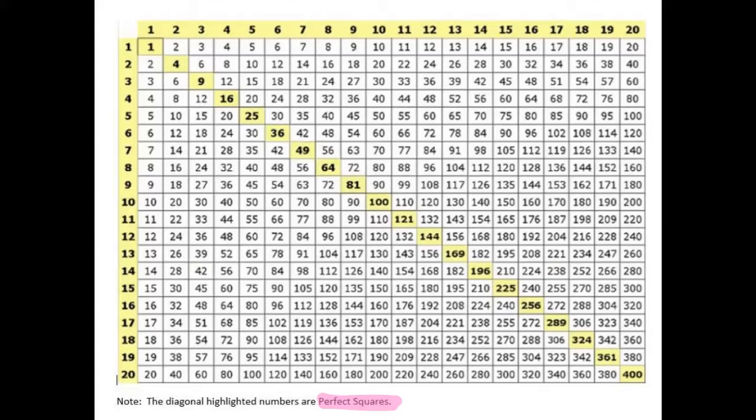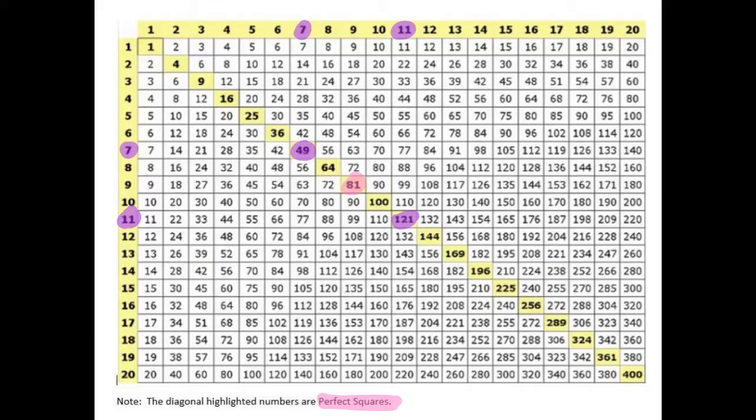So if I want to know what 9 squared is, well, 9 squared is going to be 81. If I want to know the square root, like what is the square root of 121? We'll look at the top. Number is 11 times 11. So the square root of 121 is 11. If I need the square root of 49, what's the square root of 49? 7.